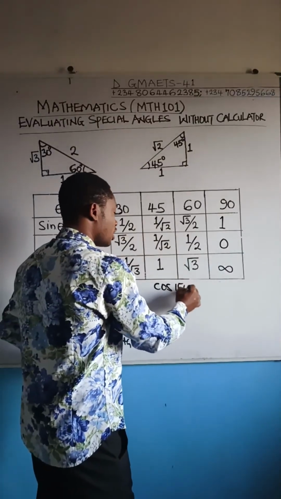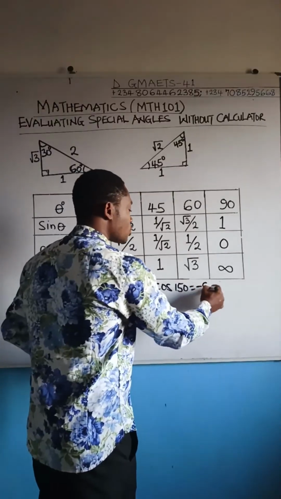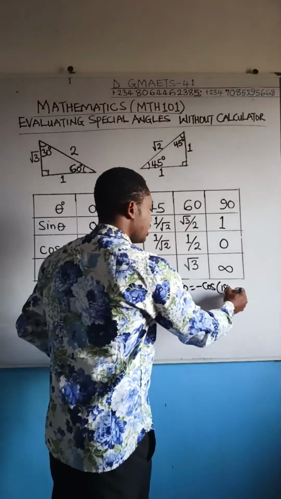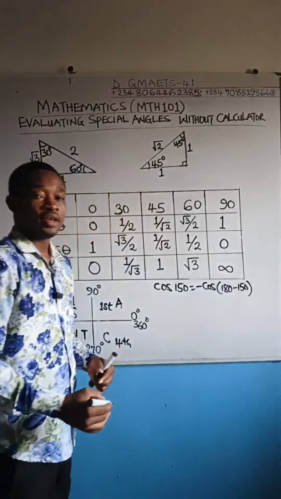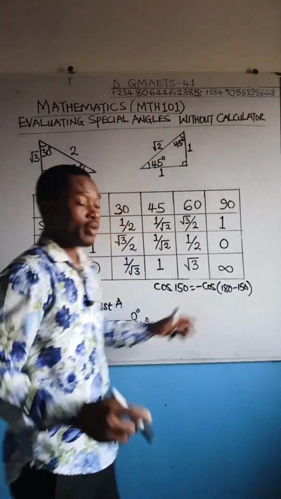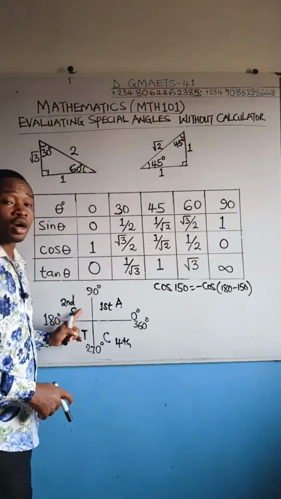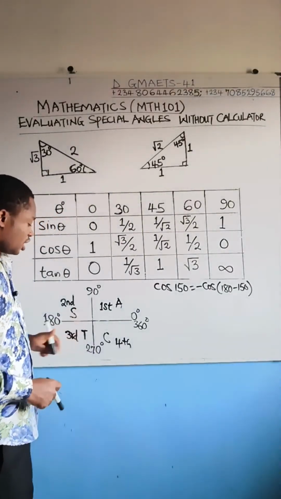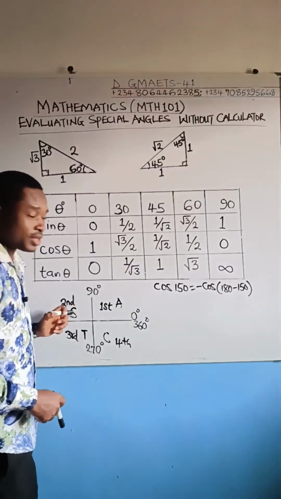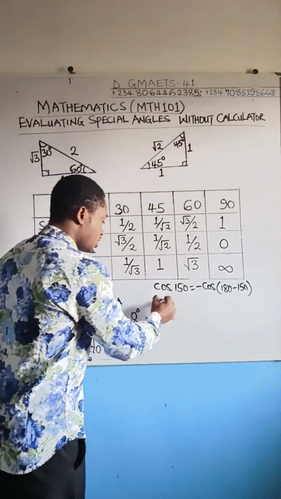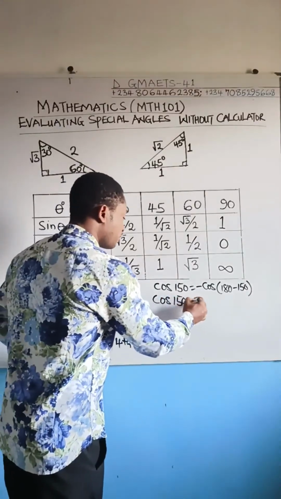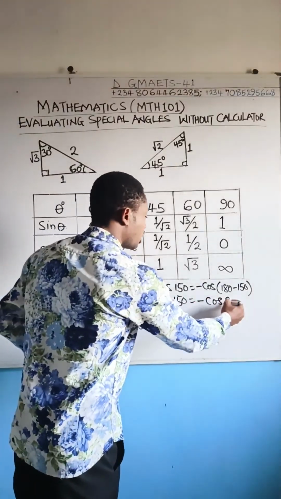Cos 150 is going to be minus cos of 180 minus 150. I'm using minus this time around because in the second quadrant, cos has a negative value. It is only sine that is positive there; this S here represents sine. Cos and tan will be negative. So cos 150 is equal to negative cos 30.